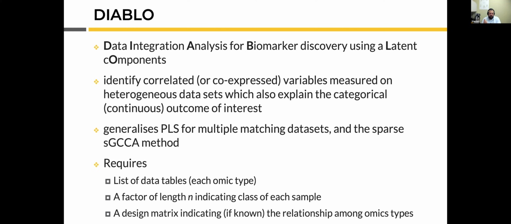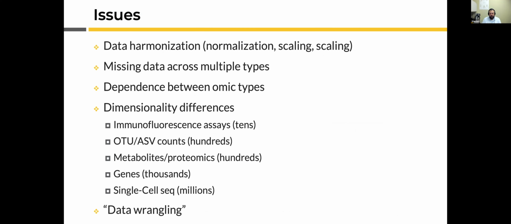Its inputs are basically a list of data tables, one for each omic type, a factor or vector that lists for each sample what group they belong to, and then a design matrix indicating, if known, how the omics types are related to each other. It's vaguely defined, but it gets at that idea I mentioned of dependence between the omics types.